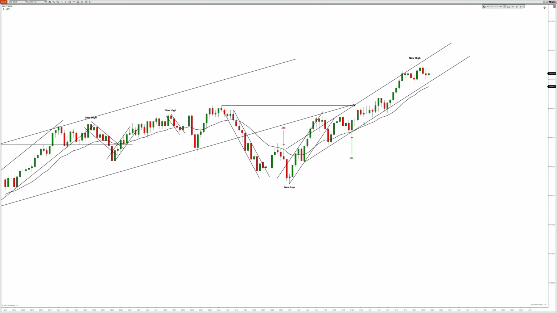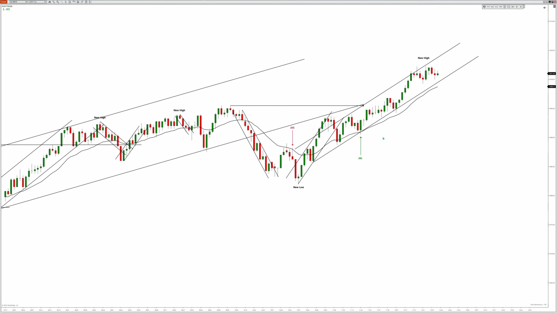You can see the massive runner I would have had, but I make that sacrifice because I use limit orders, right? I'm only risking 8 ticks on any given trade, and I'm not going to get filled on every trade. But when I do get filled, I'm only risking 8 ticks. So there are trade-offs to it, and I prefer to trade this way because trading isn't just finding the setups and taking them.